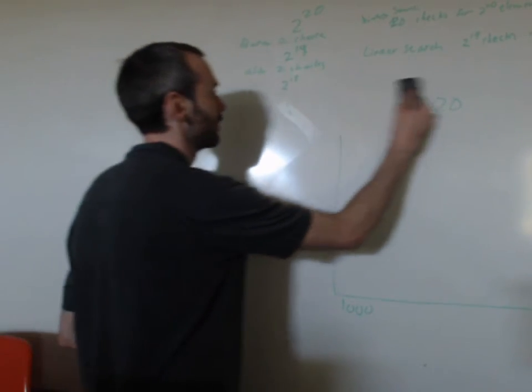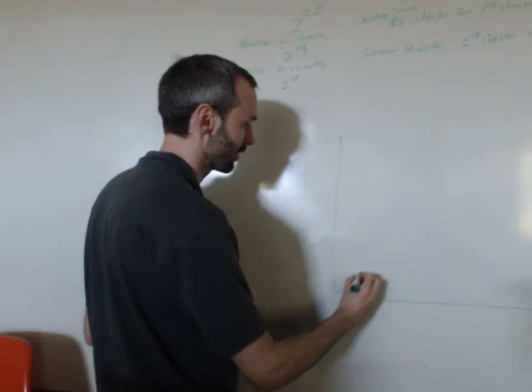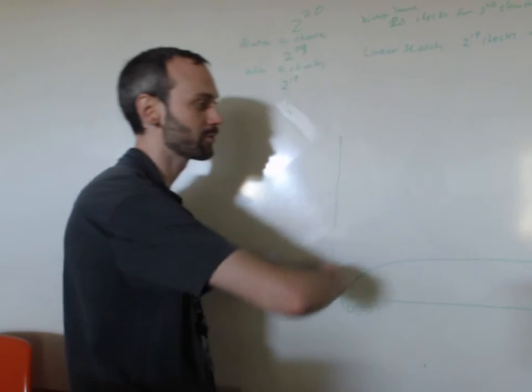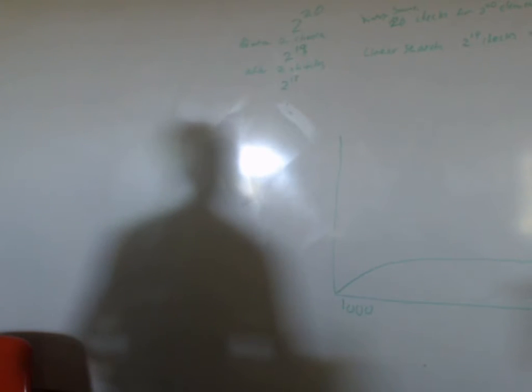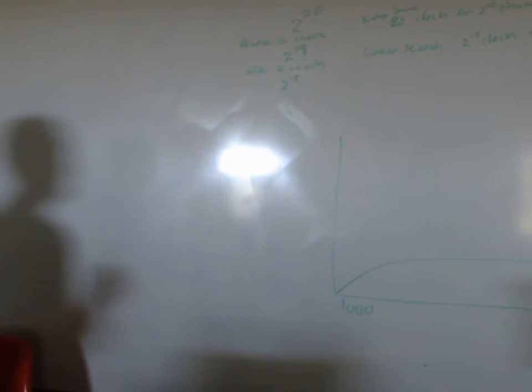So this algorithm, if I were to map it out, would look something like this. It almost looks like it flattens because it barely increases as n grows. You have to increase n a lot in order for this algorithm to jump up anymore.